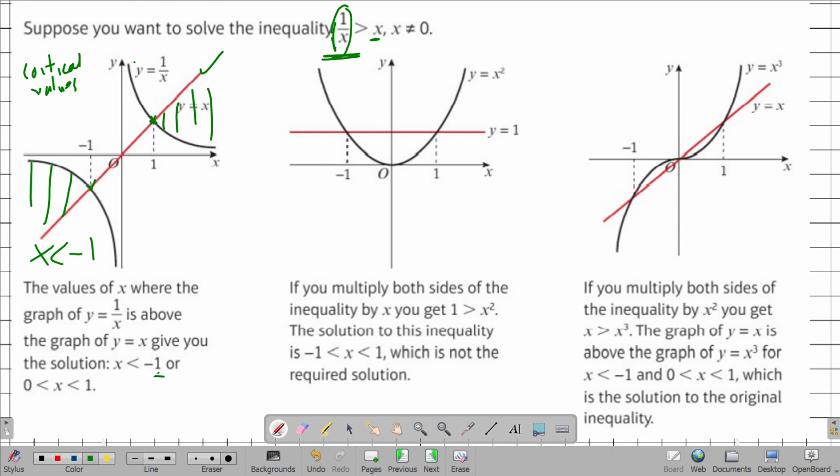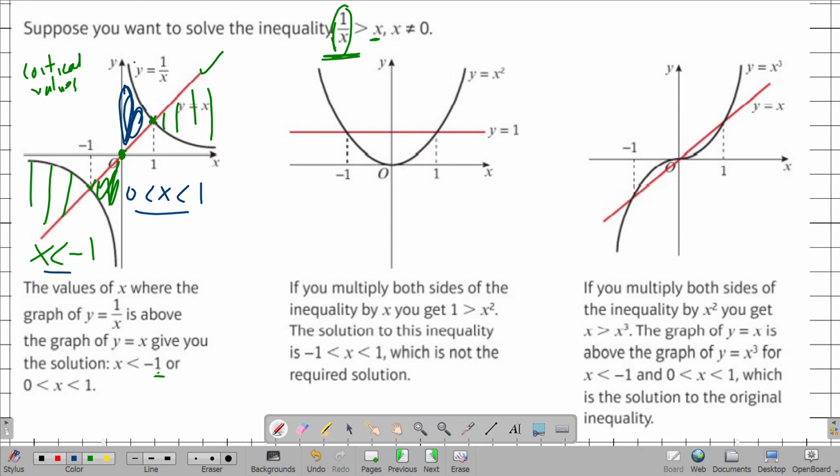So this part here, you can see the red graph is above, but from this point to this point, it is clear, this whole part here, it is also clear that the black graph is above. So we can say from 0 less than x less than 1 by graphical means. This tells us what we have here.